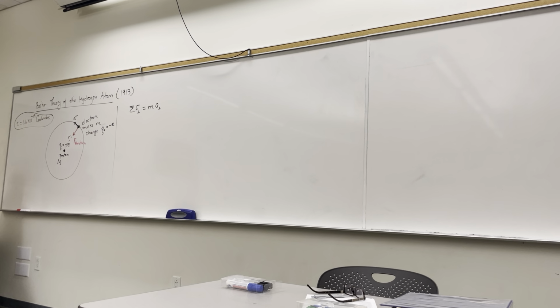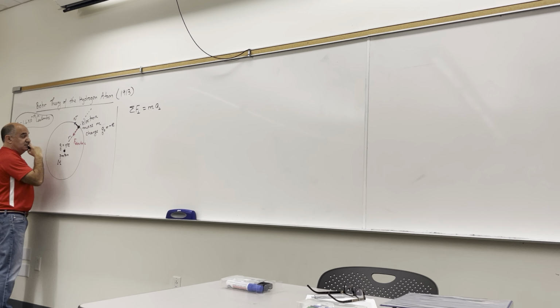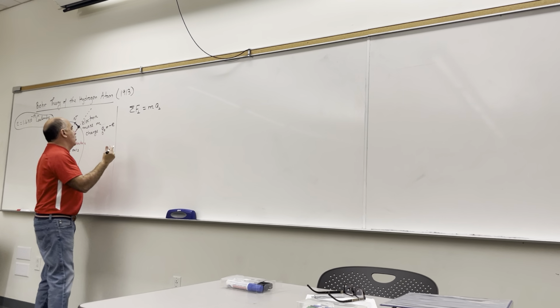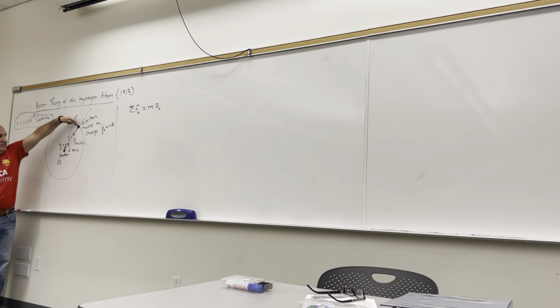And the only force acting on the electron is the electrical force, and it is directed towards the center. It is along the centripetal axis, towards the center. So you can think of a centripetal axis, like you did in Phys 185. And the nice thing about it is that because it is an attractive force, it is directed straight towards the proton.